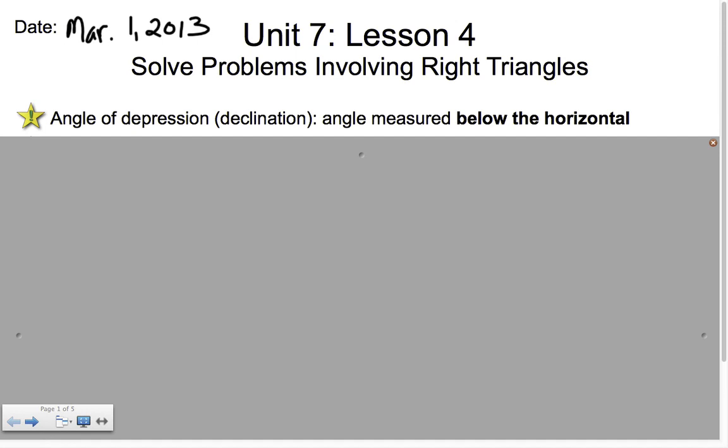So we have the angle of depression. It's also known as the angle of declination. That's the angle measured below the horizontal.